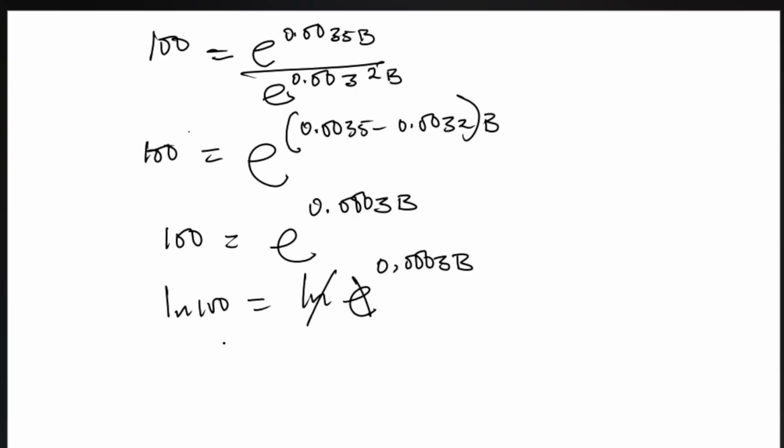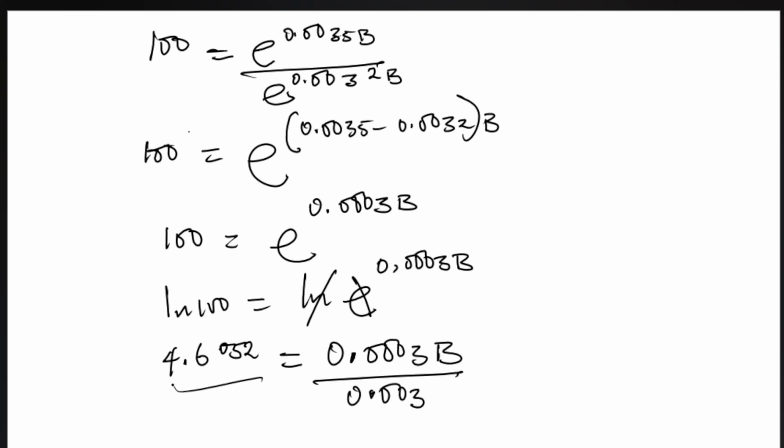So what you do is you punch ln 100 on your calculator, and ln 100 will simply give you 4.605. So what you have here will be 4.6052 approximately, and this will be equal to 0.0003b, right? So we can find b from our given question here.